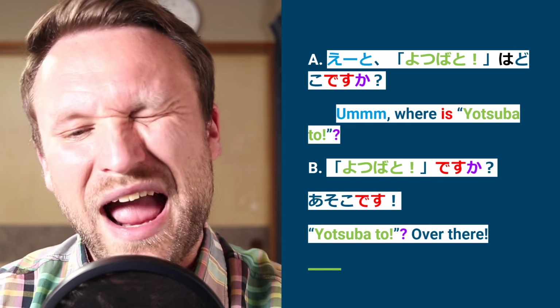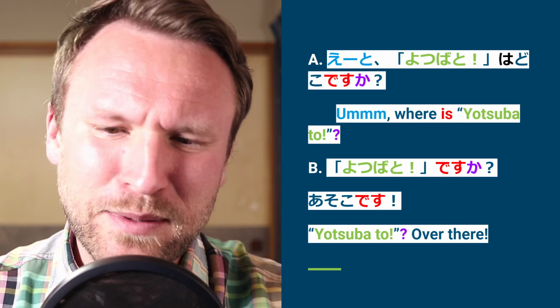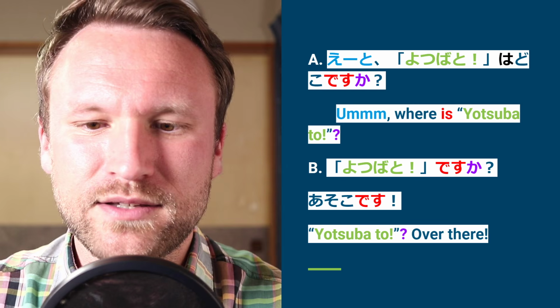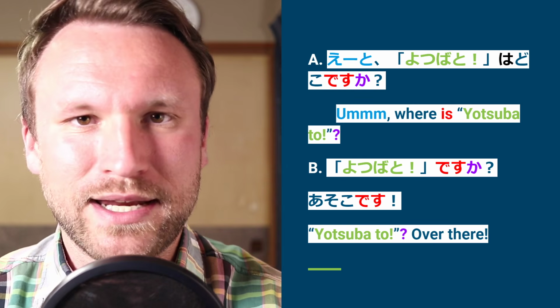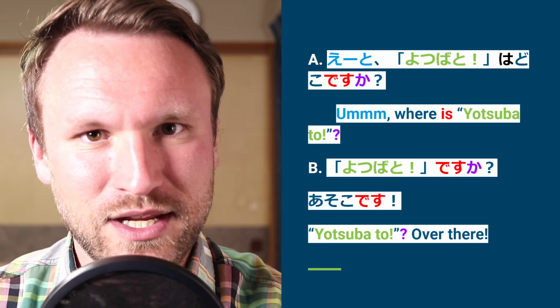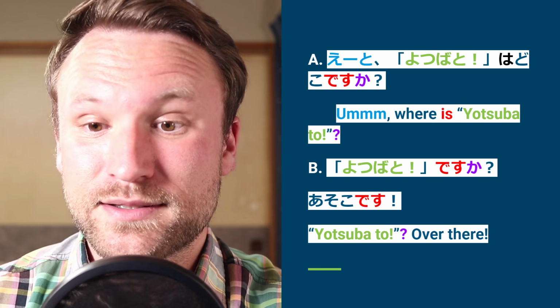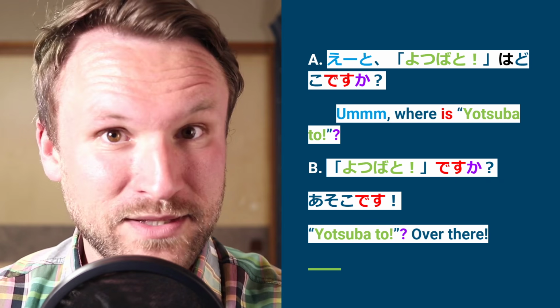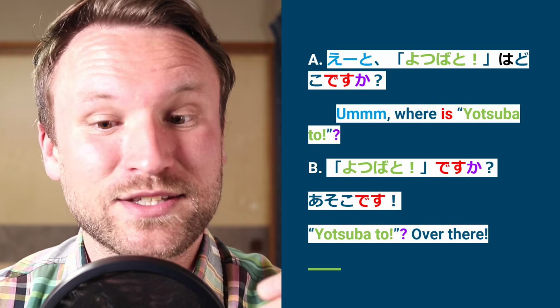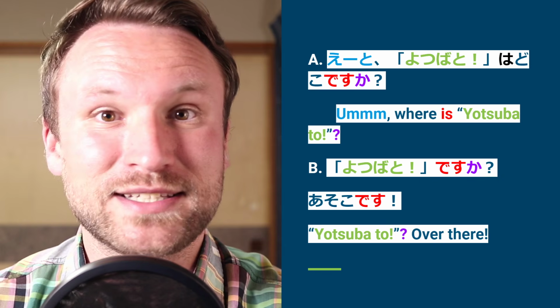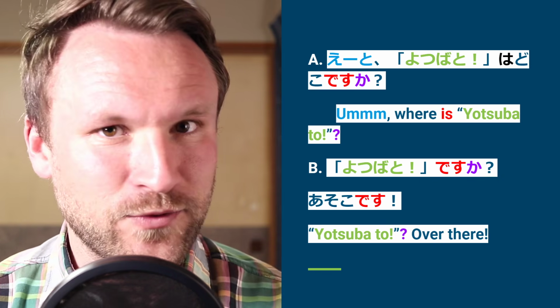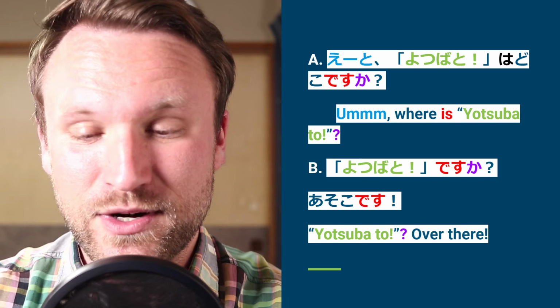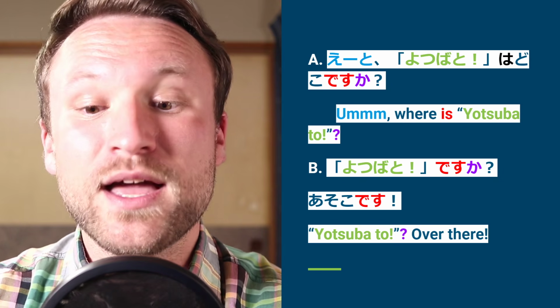And if you're around like N3 or a little bit below, I think it's very useful. Now, if you're only on lesson 2 right now, it's probably a little bit too early to start reading Yotsubato. But in a couple months, maybe, it might be something useful for me. I think it's a really, really good manga. I found it hysterical, especially because I've been a kindergarten teacher for 4.5 years. It was a great manga.